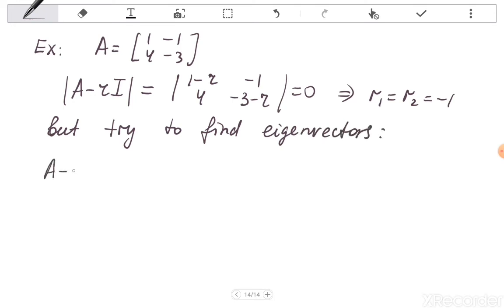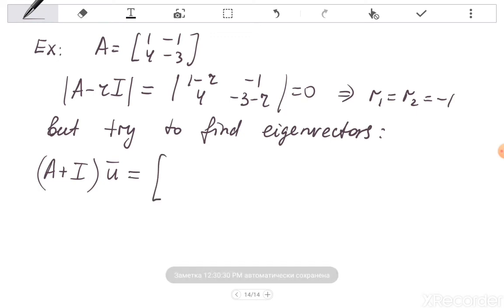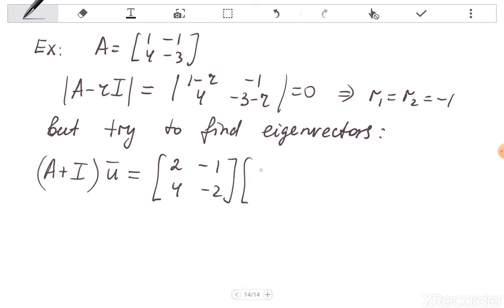So A minus r, so r is minus 1, so A plus I applied to u, this will be 2, minus 1, 4, minus 2, applied to u, some vector with two coordinates, must be 0. So you see the rows are linearly dependent, so we can use just one equation.